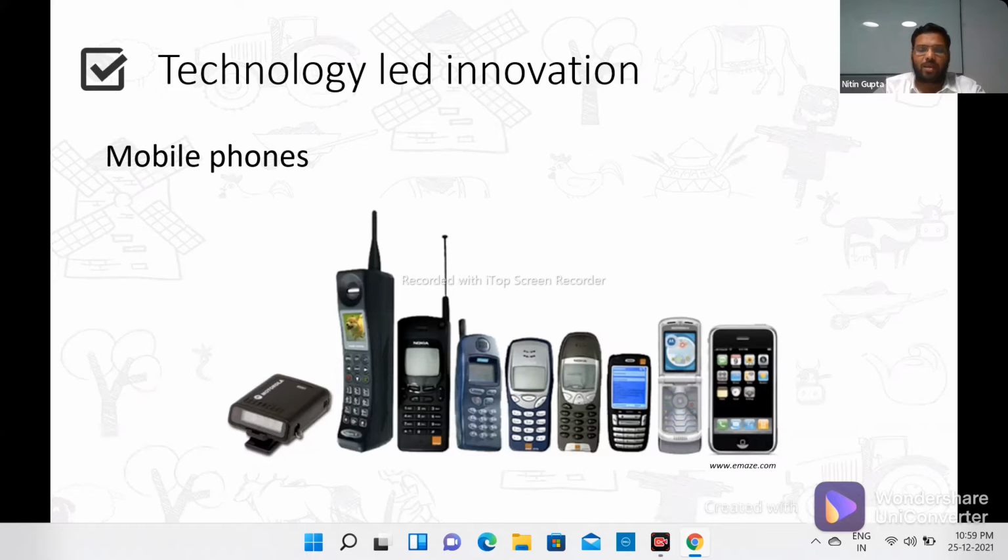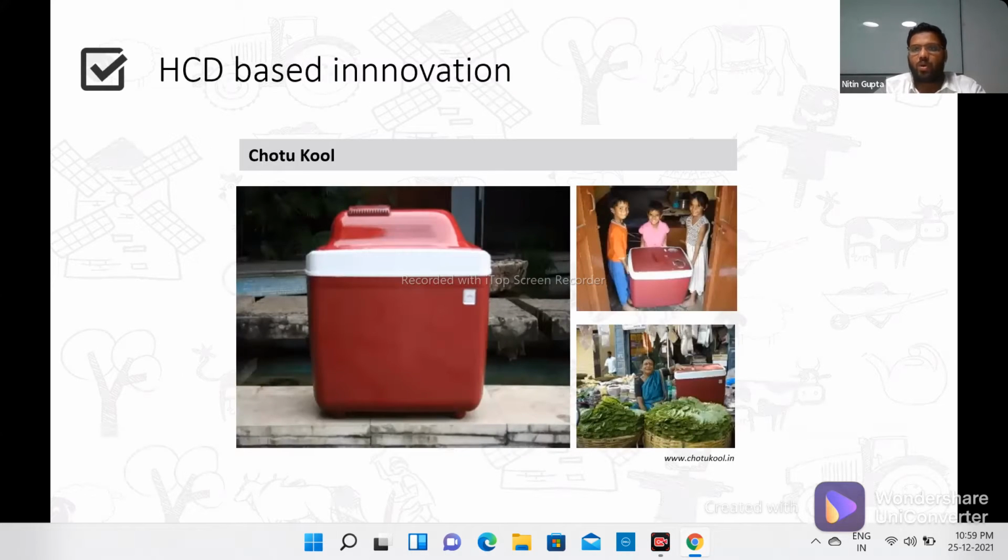So this is the example I wanted to give you, and now I will give you the contrast. I'm sure a lot of you are from an agriculture background, and I assume many of you have rural exposure also. There is one product called Chotukool. It was a very famous product in the rural sector.